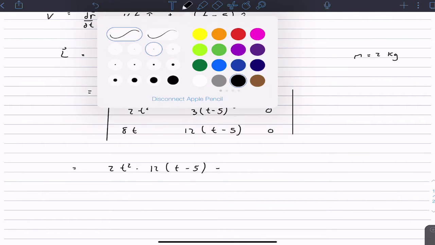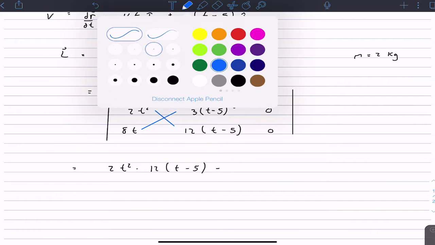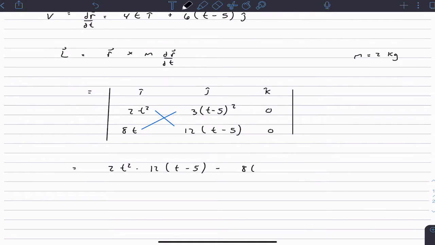That's just going to give us 0 in both, so I just kind of skip that. And similarly, for the j hat direction, we have this times this minus this times this. Also both 0. So we have nothing in the i or j hat direction. This is only going to be in the k hat direction, right? So now we have this times this, which is what I wrote down, minus this times this. So 8t times 3t minus 5 squared, right?